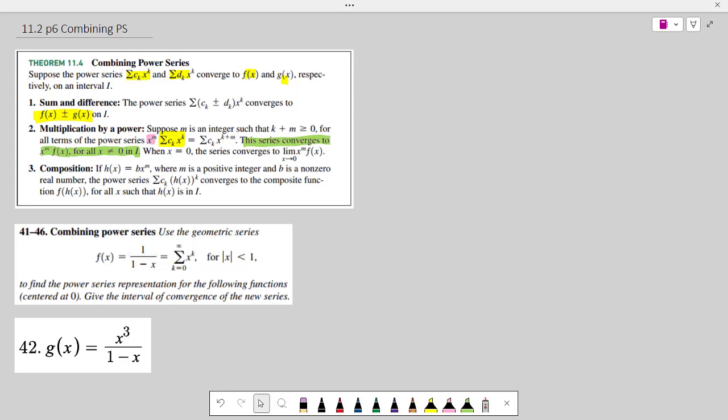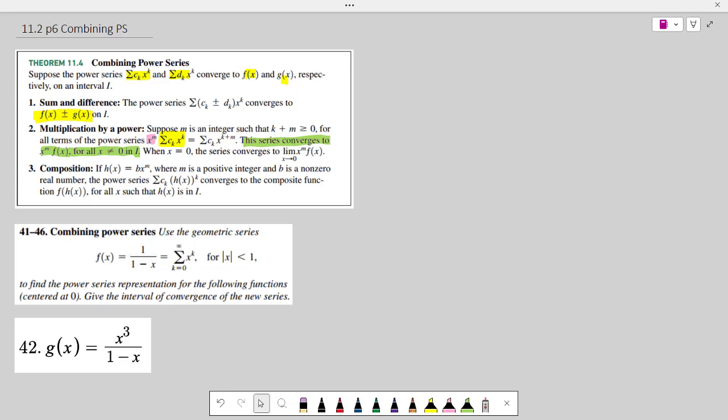When we multiply by a power of x, I haven't seen a single example in the book where they multiply by like 1 over x, so I don't know why they call this out. All the powers of x that we're going to multiply by are x to the 3, x to the 5, x to the 7. So you just put it inside, and you don't even have to worry about this because you're never dividing by 0. So that's why it's there, just in case.